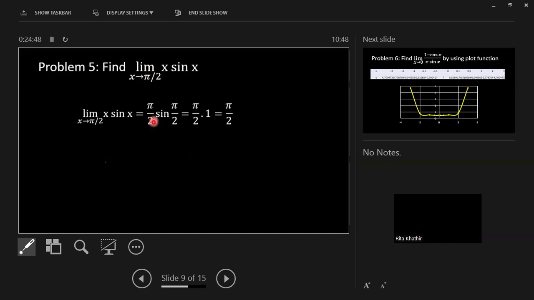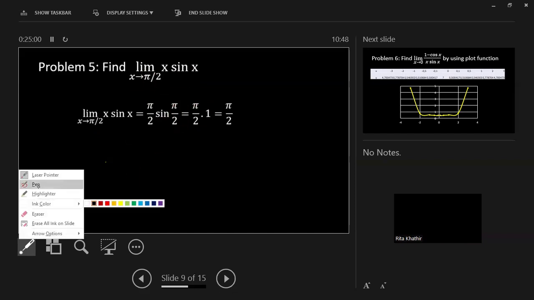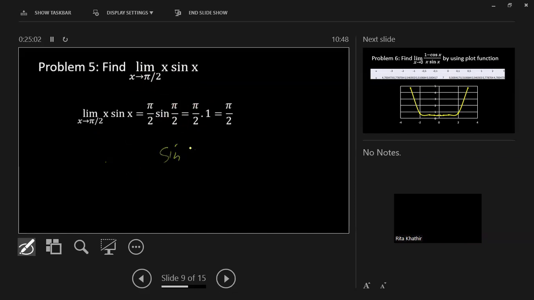So then we have pi over 2 times sine of pi over 2. And we know that sine of pi over 2 is sine of 90, we discussed it previously, and it is 1. So the solution is that the limit as x approaches pi over 2 of x multiplied by sine of x is pi over 2.